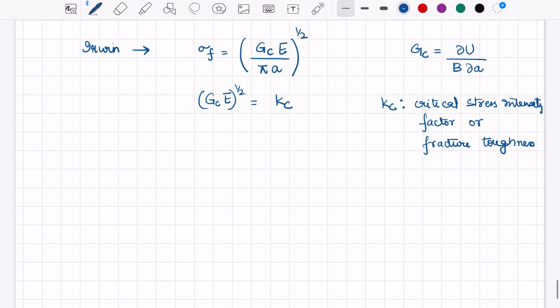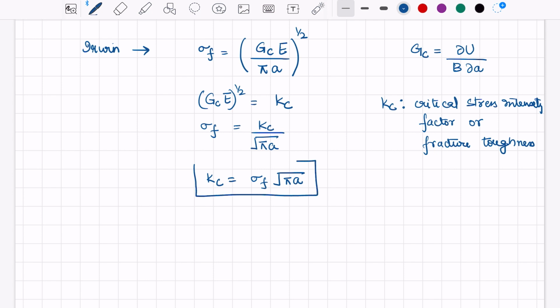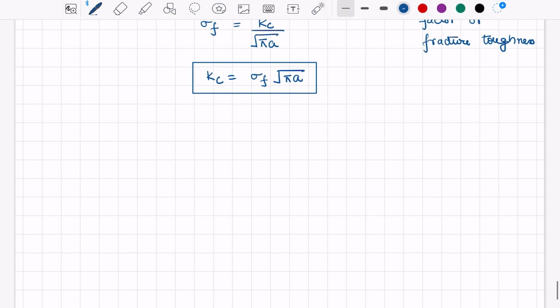He modified this equation and wrote a new equation, sigma f equal to Kc divided by root pi a, which we can write as Kc equal to sigma f root pi a. If we don't want to write in critical terms, we can write K equal to sigma root pi a.